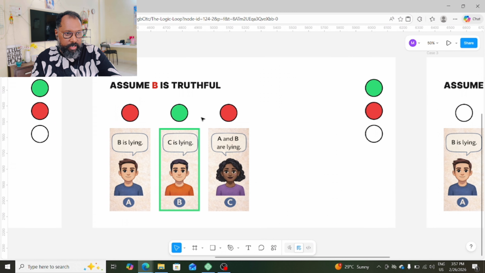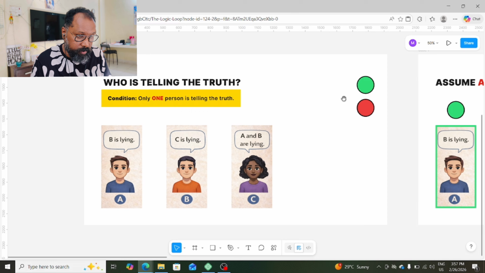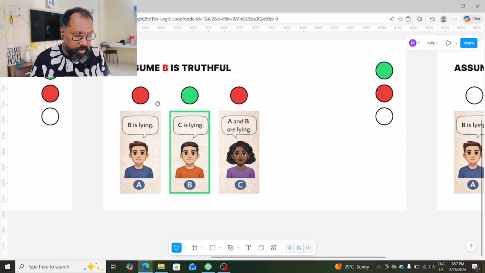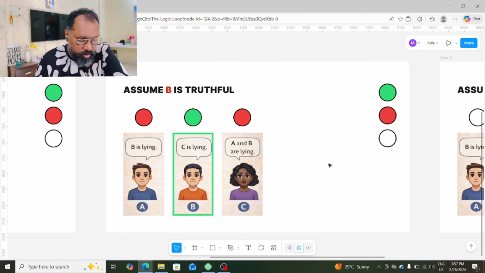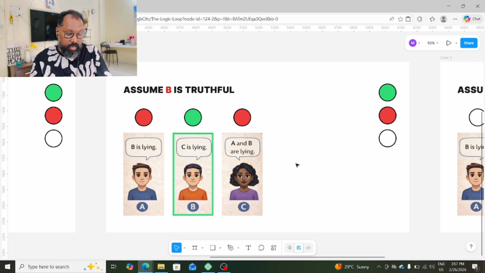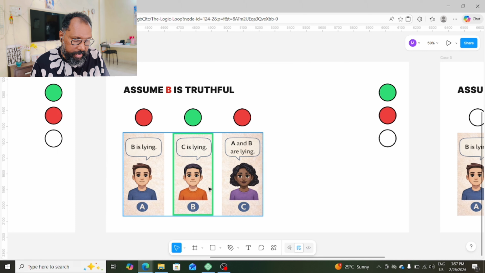This satisfies our condition that only one person is telling the truth. Here we don't see any contradiction and everything is consistent. So we can conclude that B is the truth teller.